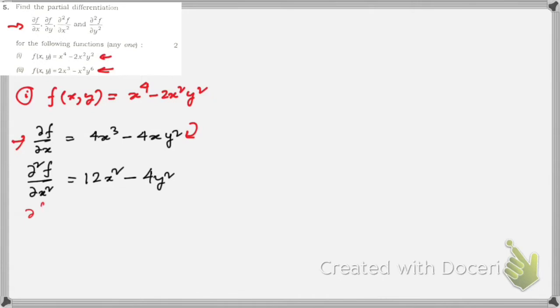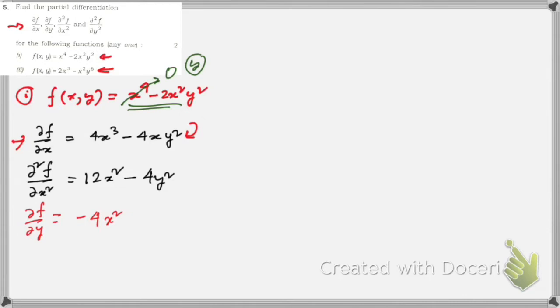So similarly, let us find del f by del y. Now keep x as a constant, then differentiate this given function, and you're going to get minus 4x square, because the derivative of x to the power 4 will be 0 with respect to y.